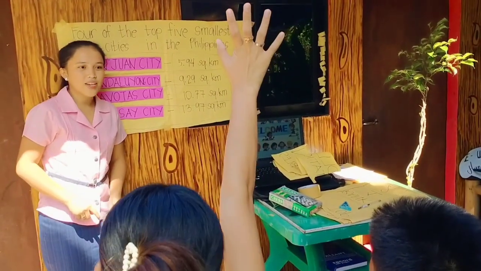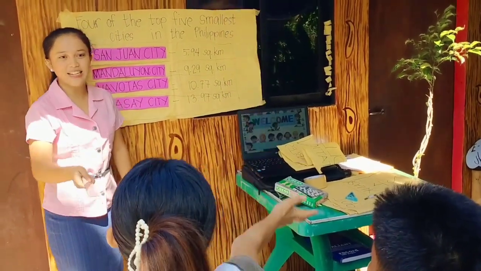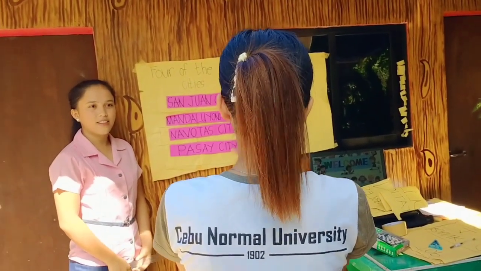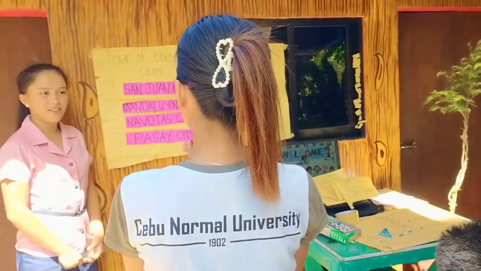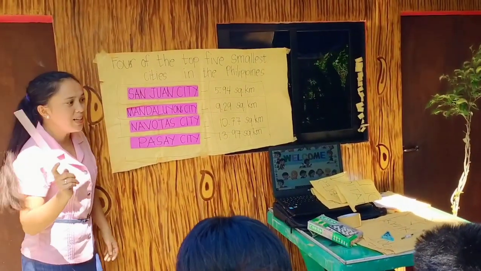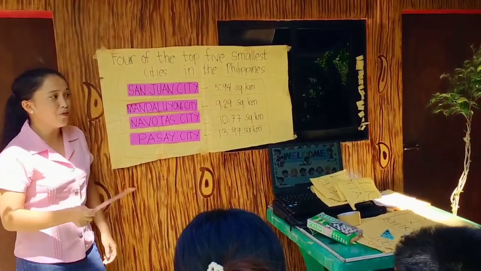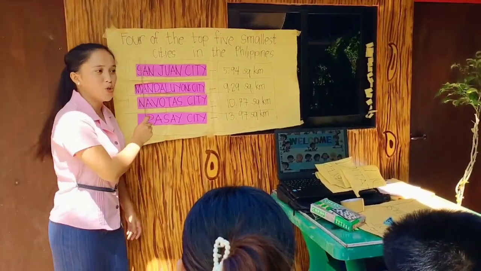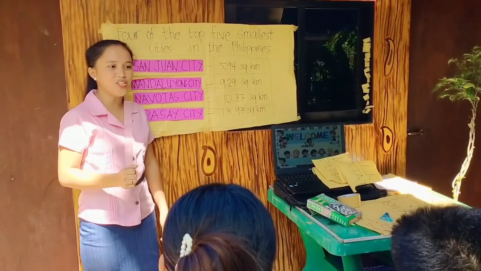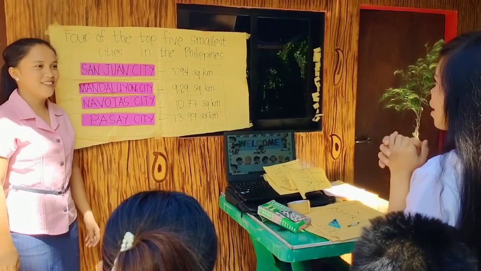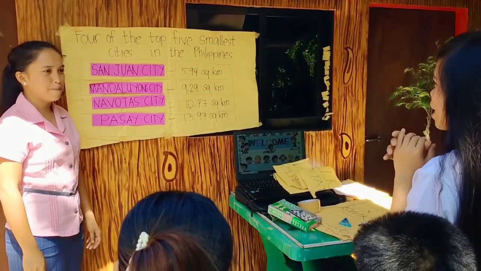Anyone? Ma'am. Okay, Mary Jane, stand up. I observe, ma'am, there is a table of the cities in the Philippines. All right, Mary Jane is correct. Literally, what she observed is that the cities are put in a table. Another one who wants to answer. Okay, Baby Jane. I observe that there is information inside that table.